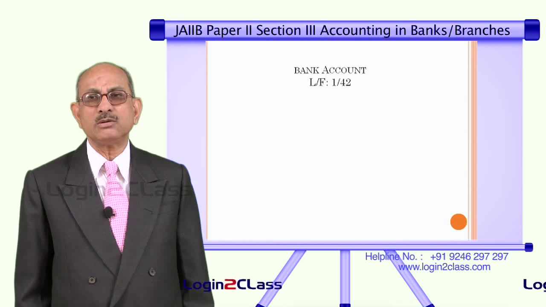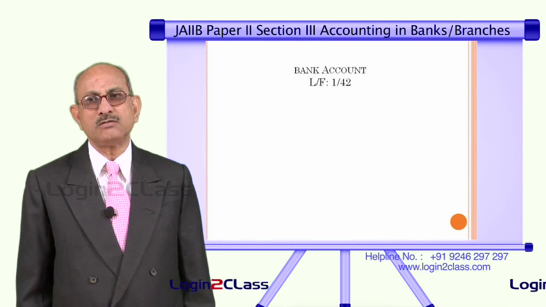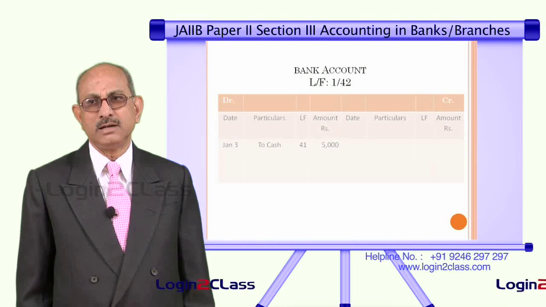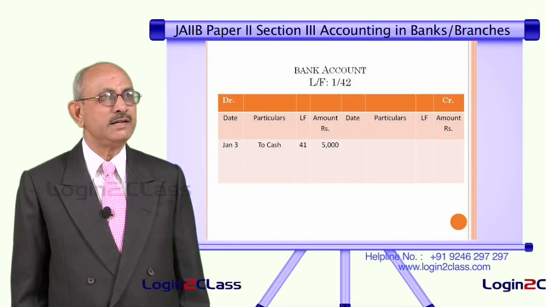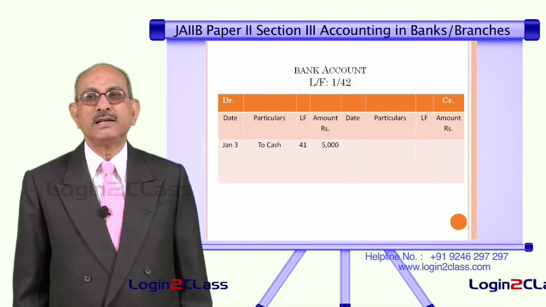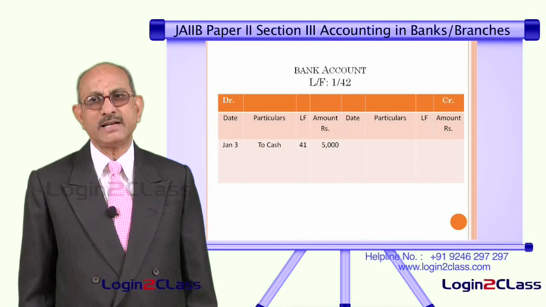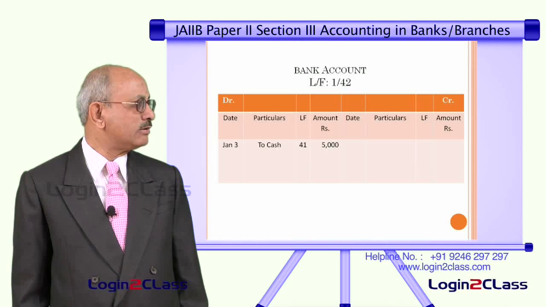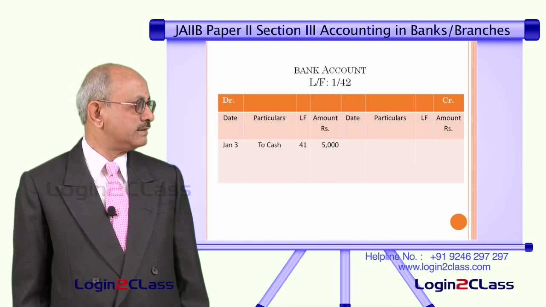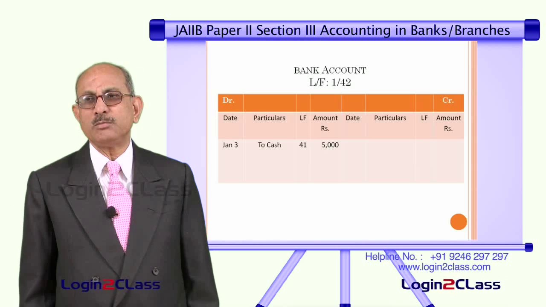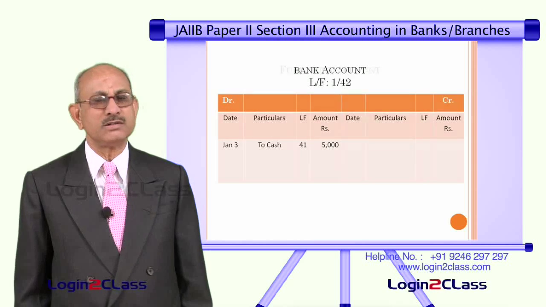Coming to the bank account, again we find that bank account was debited only once, and there were no other transactions relating to bank account, and cash had been deposited in the bank. Therefore, we had credited cash account and debited bank account. So we write here 2 cash and then give the folio number of the cash account and also the amount.